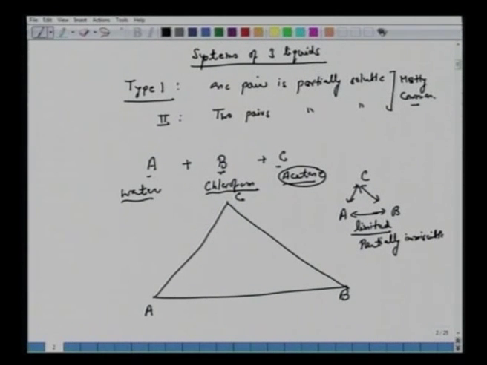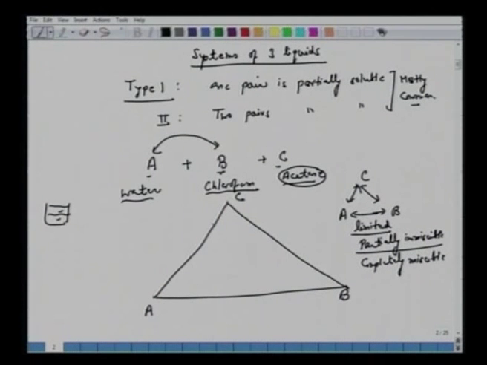But when we mix water and chloroform, we see in small batch experiments that they get separated out like this. So we are using the words partially immiscible or completely miscible, and then we are trying to make a phase diagram here.